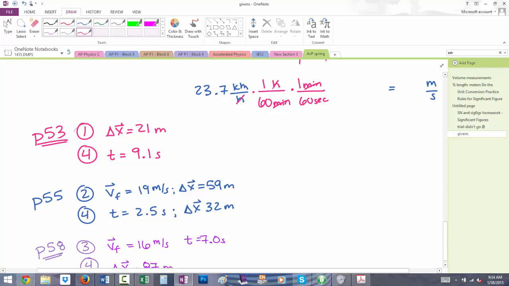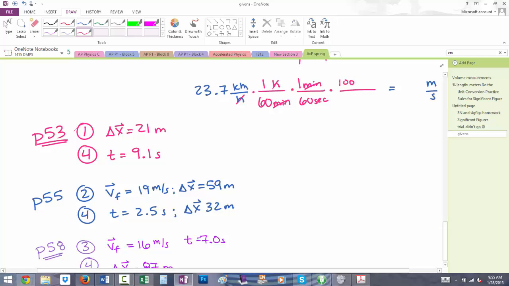So that's going to give me something. So far I've got kilometers and seconds, but I want meters and seconds. So I'm going to ask myself, kilometers. How many meters are in a kilometer? 1,000 meters are in a kilometer. Where is the kilometers going to go? Is it going to go on the top or the bottom? Bottom, why? Cancel, right?